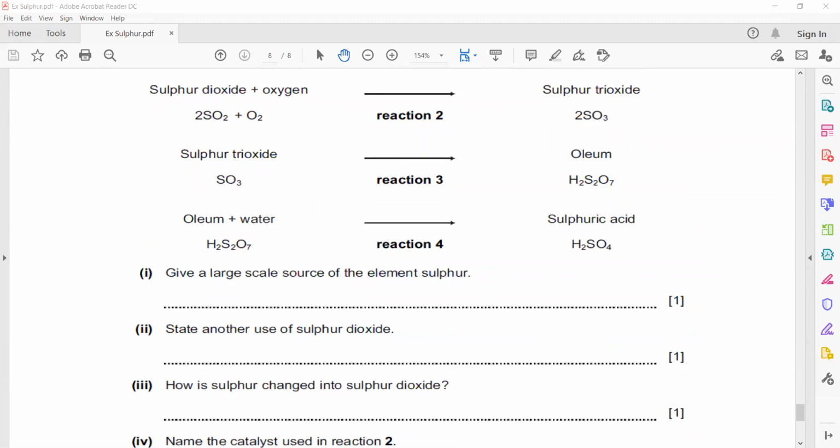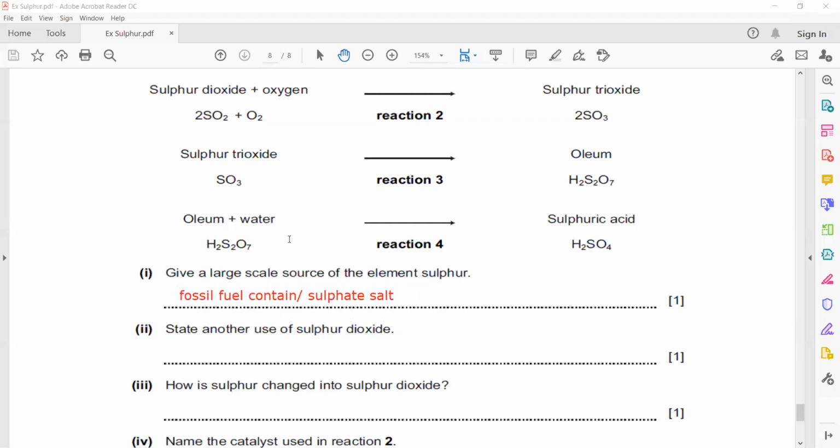You can mention in this question the place where you are finding it, or you can also mention a specific compound. Both answers are acceptable. So fossil fuel containing sulfur is a source of sulfur, or sulfate salts are also a source of sulfur we can obtain.